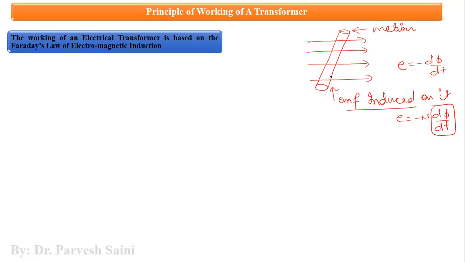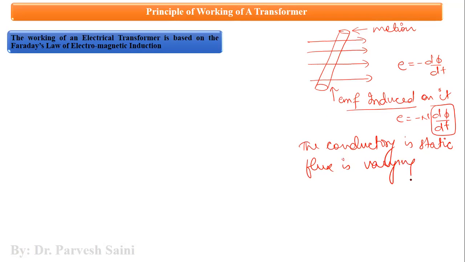Now there are two ways by which we can have this rate of change of flux. Either the conductor is stationary, it is static, and the flux is varying, or vice versa, right?